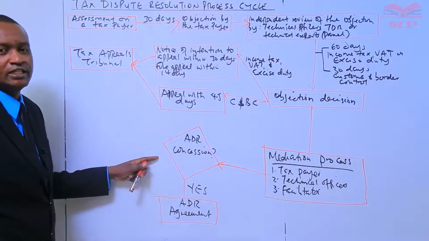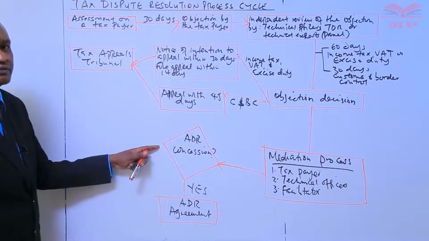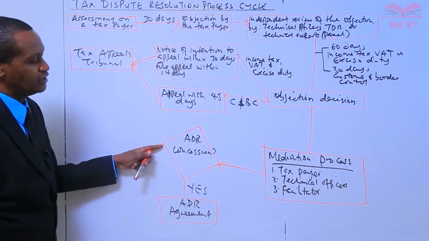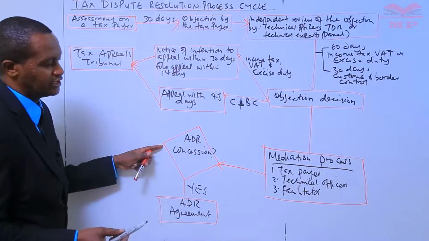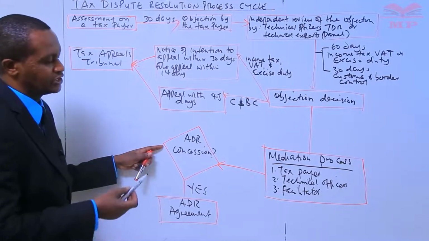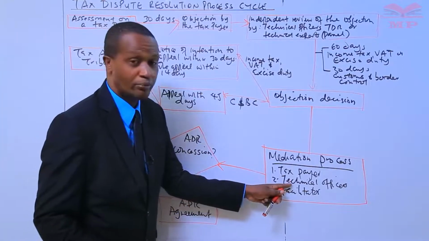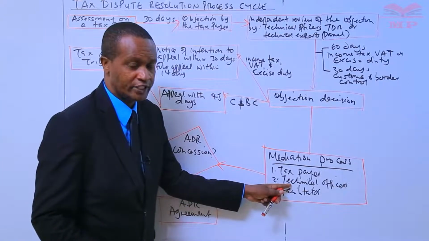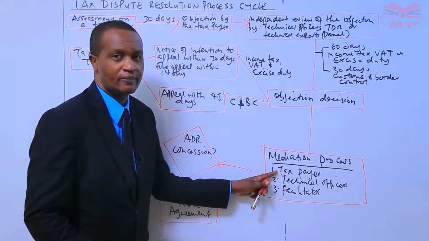What happens? The decision, as we learned earlier, that is made at the mediation process is binding to the commissioner or the tax administrator, but not the taxpayer.